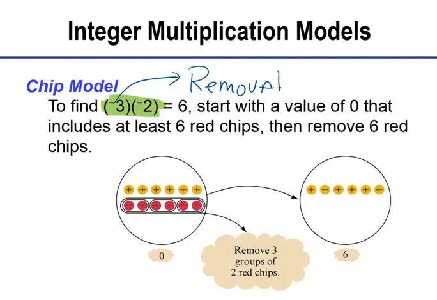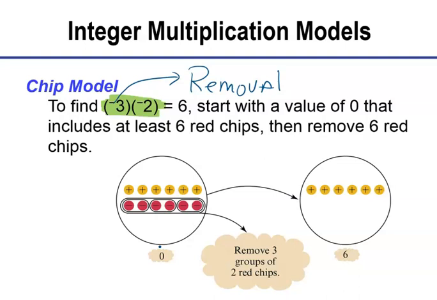So we just start off by putting both positive and negative. Remember, those cancel each other out, so we're building 0 right off the bat. And we need at least 6 of them to model this particular problem. You could put more than 6 if you wanted to, but 6 is plenty.